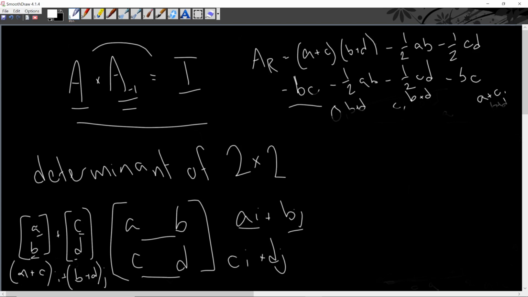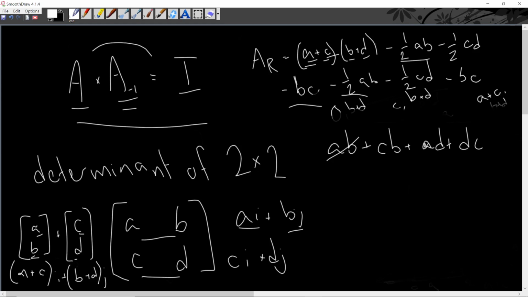After all of this, we have AB plus CB, or BC, plus, I can factor correctly, A plus C times B, and A plus C times D. So we have AD and BC, and CD. And then we subtracted minus 1/2 AB minus 1/2 AB, so minus AB.